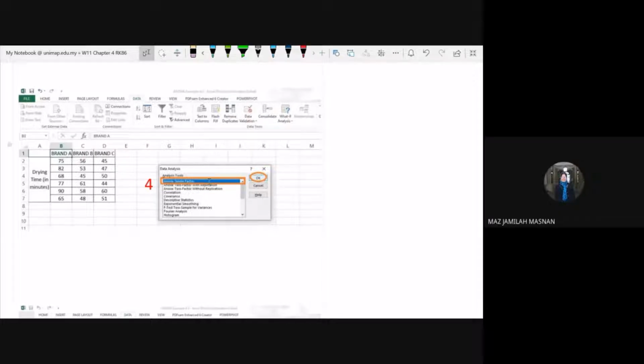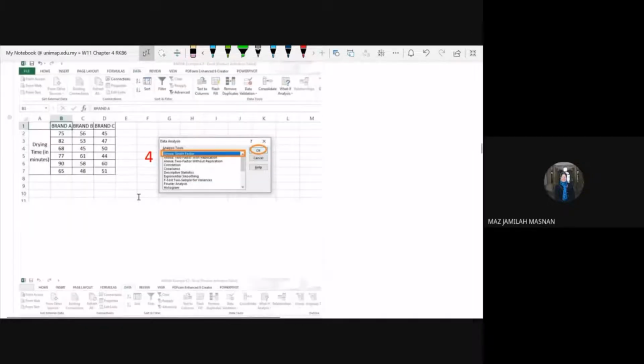Even though we have 3 treatment levels, the factor is considered as one, paint brand. Then you will click OK, and I will show you how to use your Excel afterwards. That will be the case if your data is column-wise.